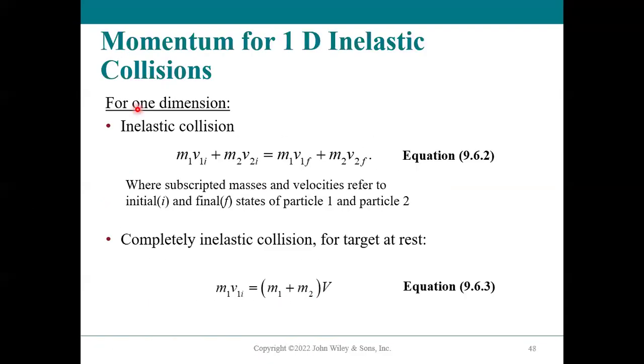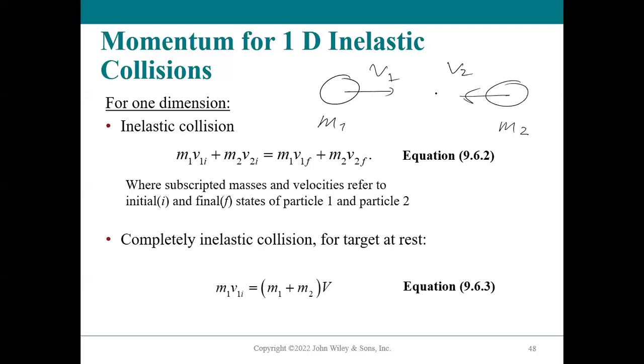Okay, for momentum in one dimension, in elastic collisions, the total momentum in the initial state is equal to the total momentum in the final state. For example, we have mass 1 moving with speed 1, and another mass 2 moving with speed 2.